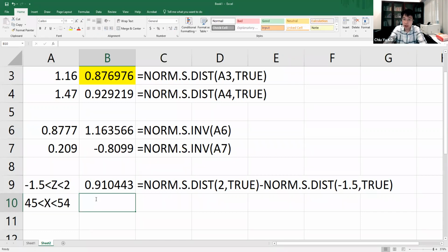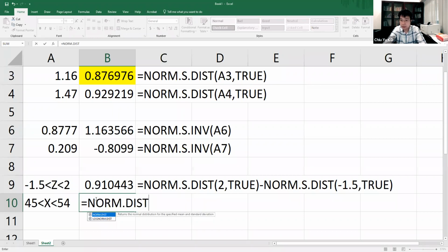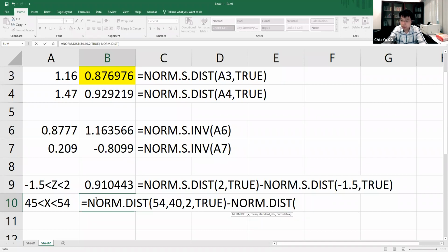So we can just use NORM.DIST 54, mean 50, standard deviation 2, TRUE, minus NORM.DIST 47, mean 50, standard deviation 2, TRUE.